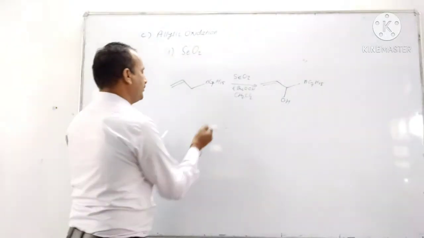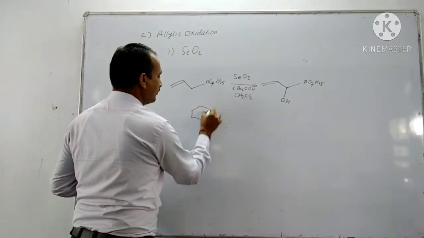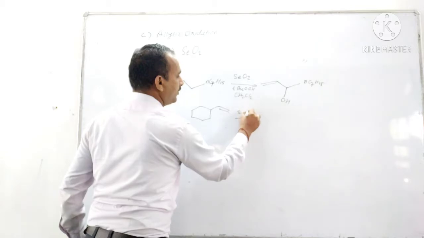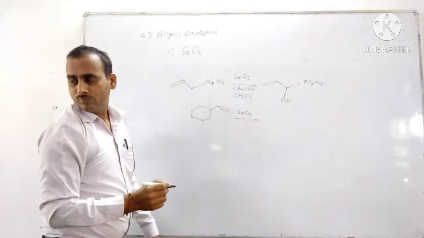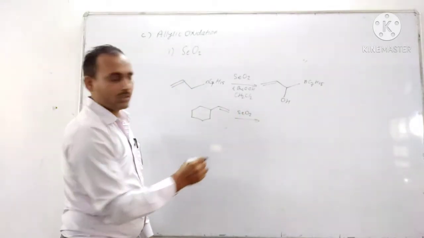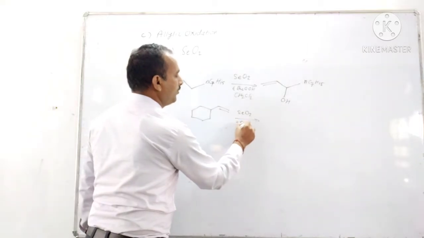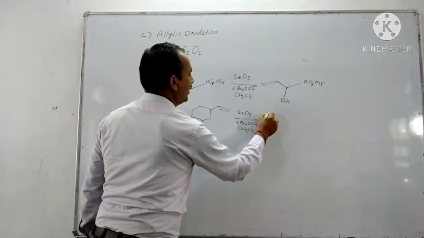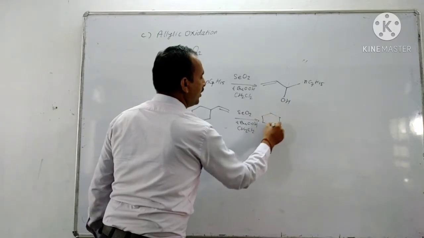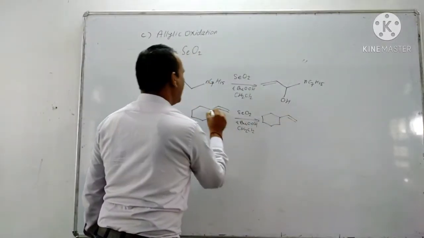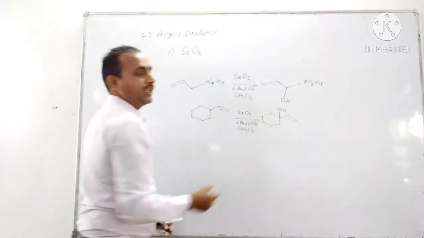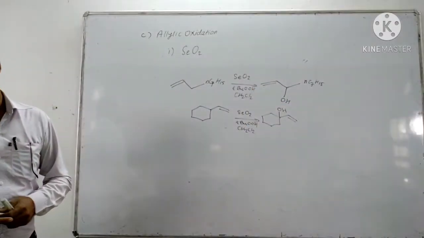Another example, selenium dioxide and tertiary butyl hydroperoxide, CH2Cl2. Now here this is the allylic position and formation of allylic alcohol takes place.